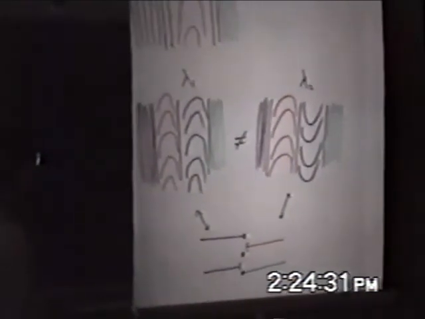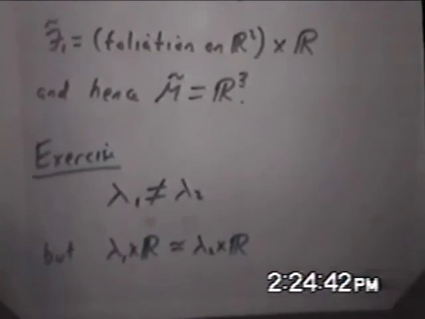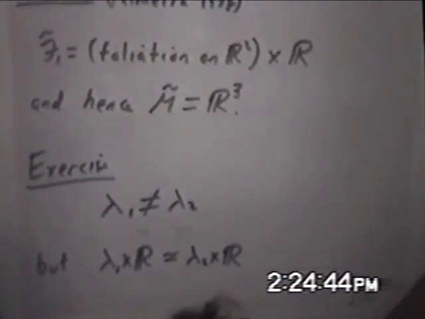Palmeira says that when you multiply by R, these foliations suddenly become the same, or at least equivalent. I leave that to you to check. So that's it.